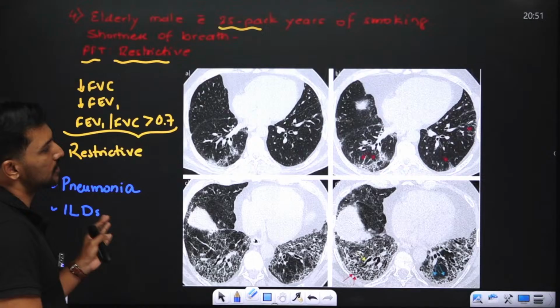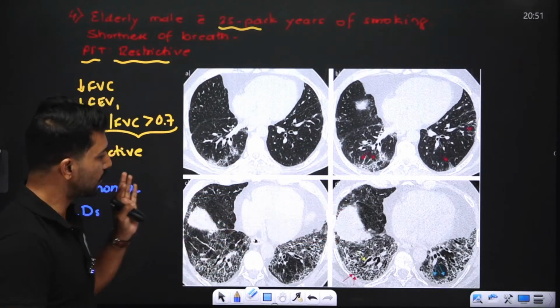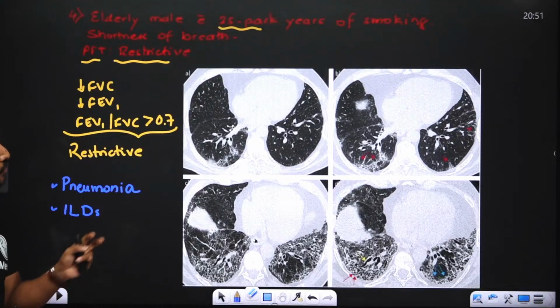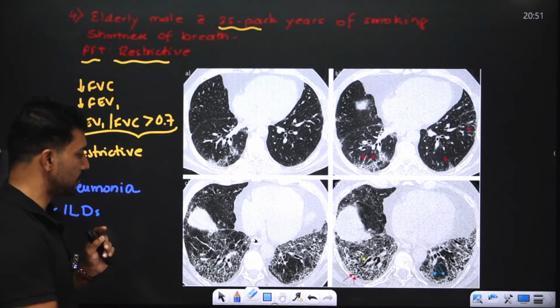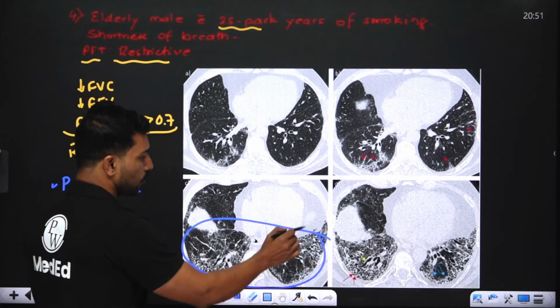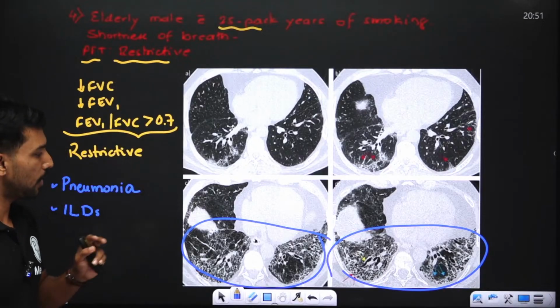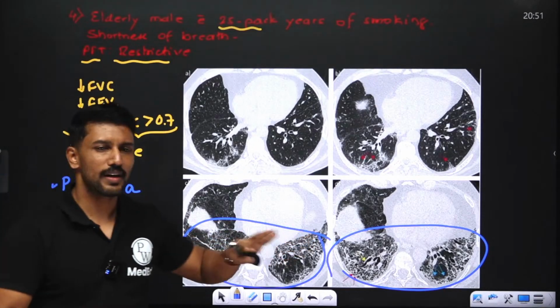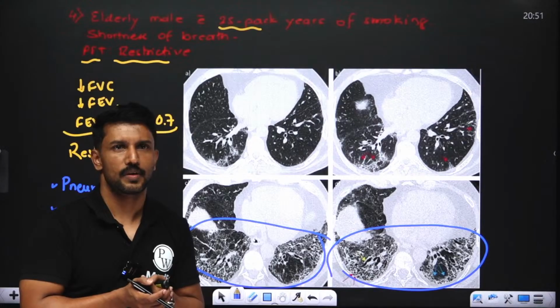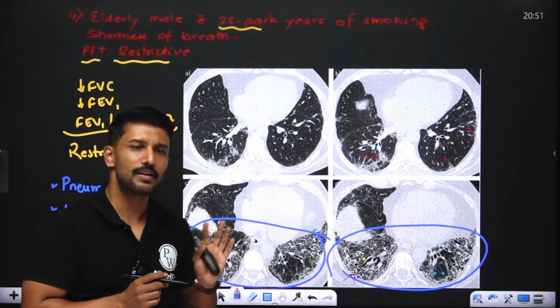So now I have to decide, should I consider pneumonia in this HRCT image or should I consider ILD? When you see these images, what do you notice? I want you to pay attention to the posterior part of the patient's lungs. Do they look like honeycomb? Yes, they kind of look like honeycomb.